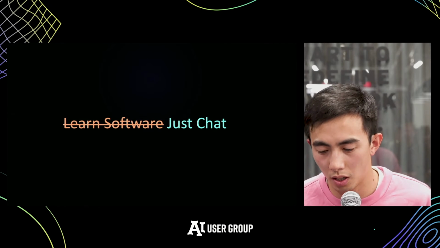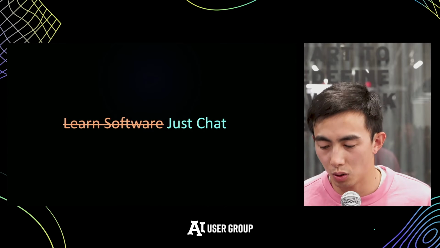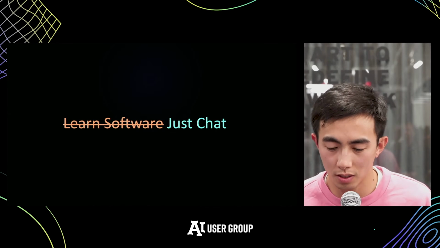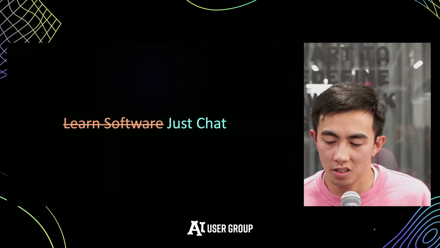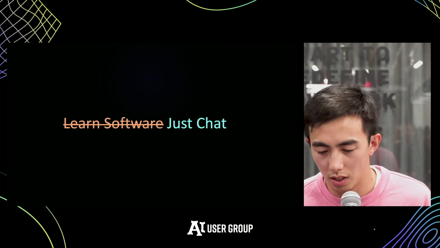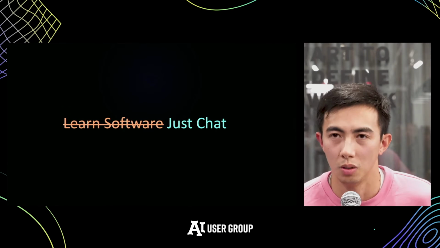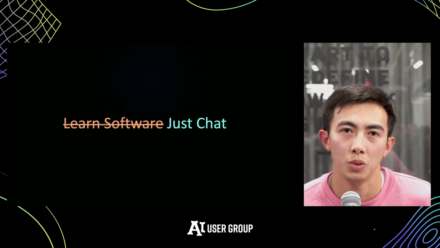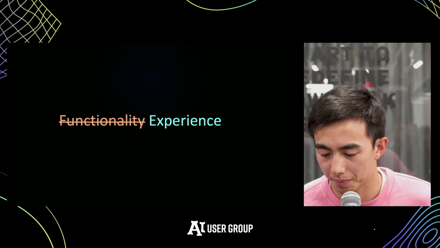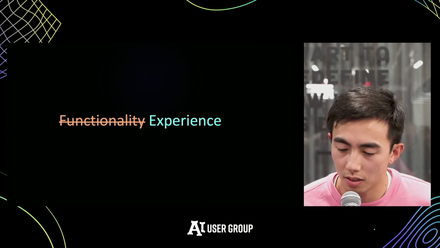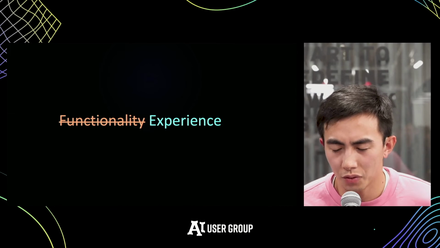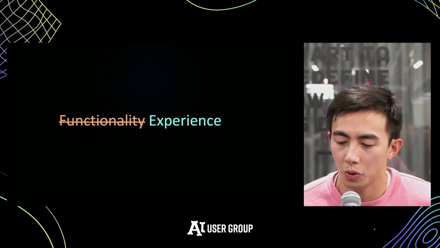From a user perspective, in the past you had to understand how software works. Now software can understand you through language. My personal prediction is that the cost of learning new software is most likely to be diminished thanks to LLMs.